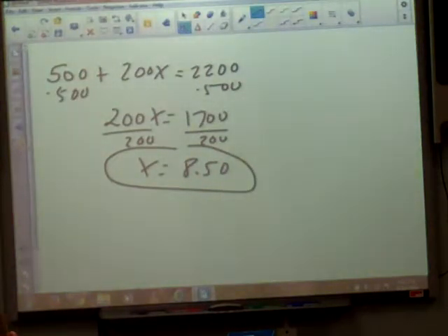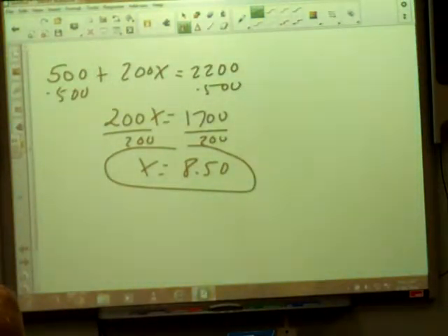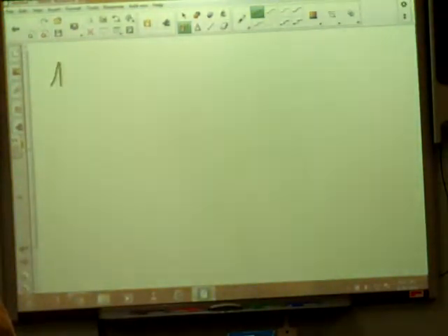All right, number 11. For a math homework assignment, Carla found the area and perimeter of a room in her house. She reported that the area of the rectangular living room, which area is length times width, was 180 square feet.